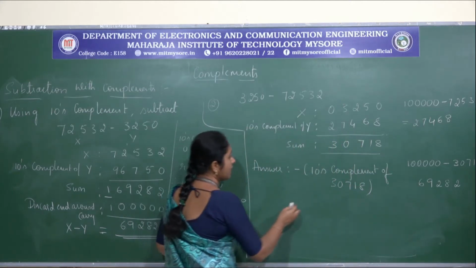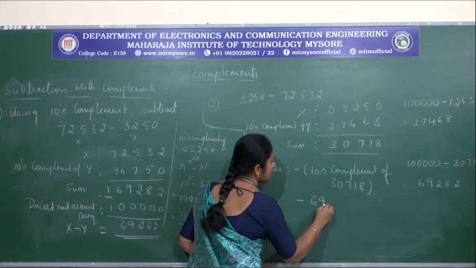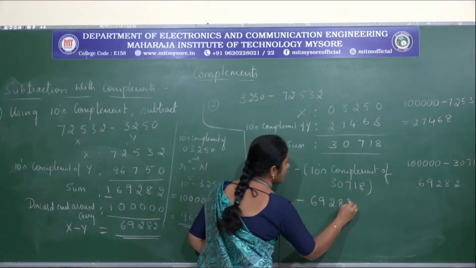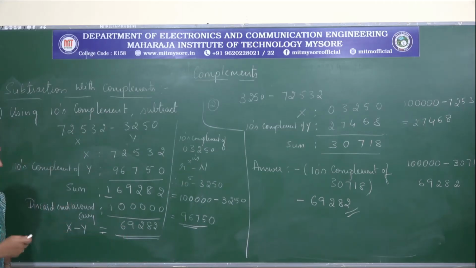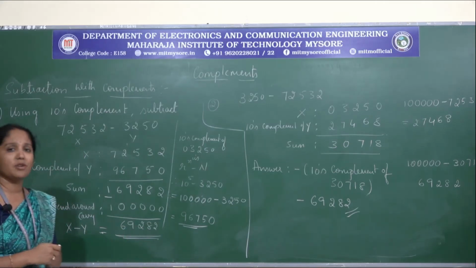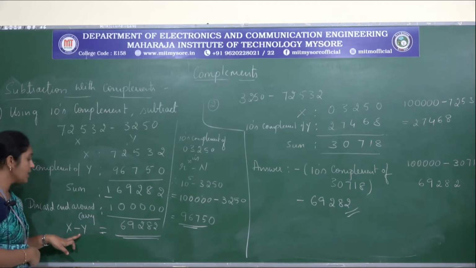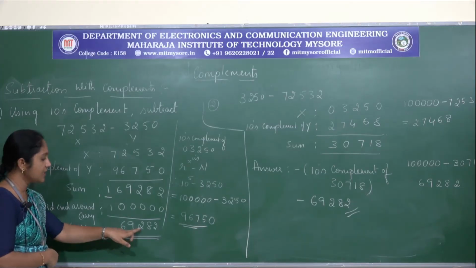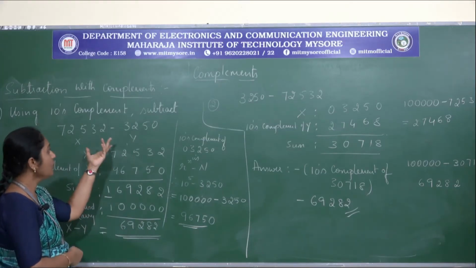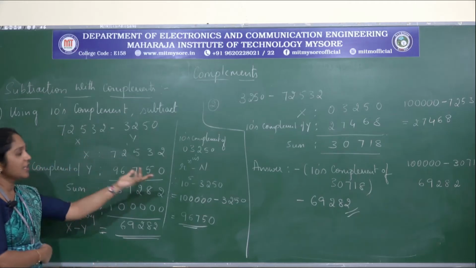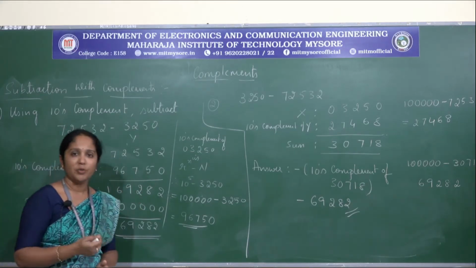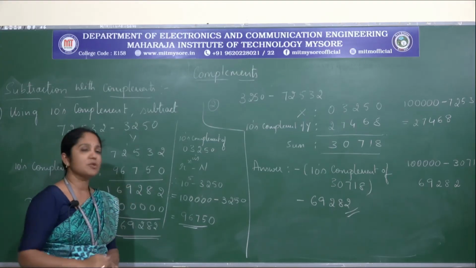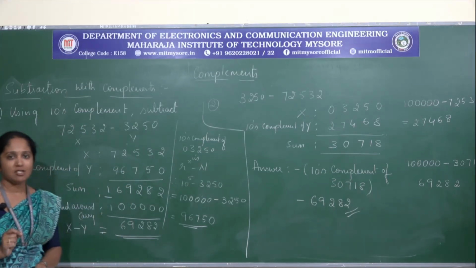So the answer is minus 69,282. You can observe here that if you do x minus y, we have plus 69,282. If you perform y minus x, then we get minus 69,282. This is the procedure we follow using tens complement.